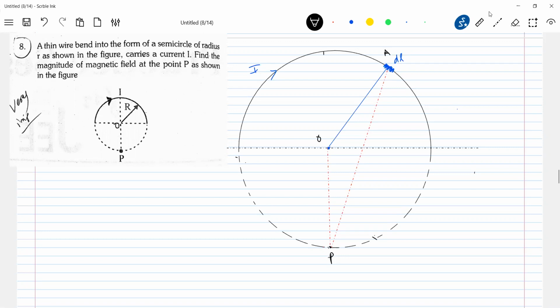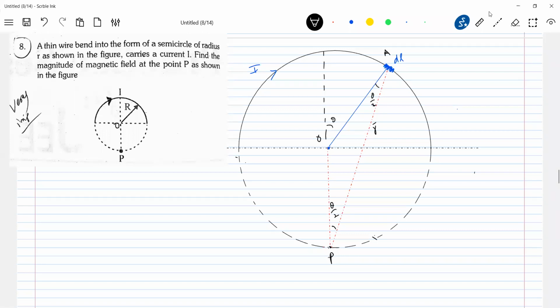So here, this is theta. This should be theta by 2. Now AP bar will be R bar, the position vector, because here there's a current element, I dl bar.